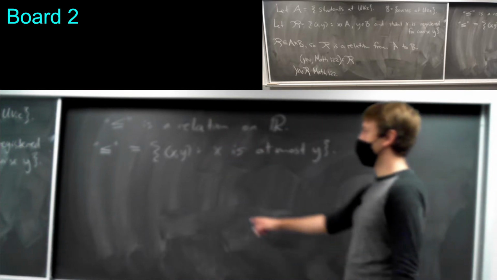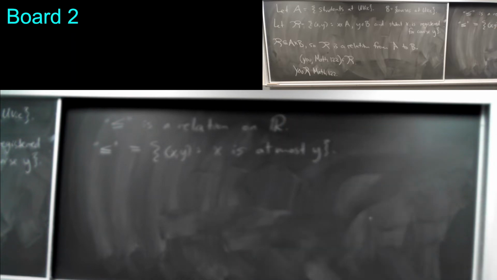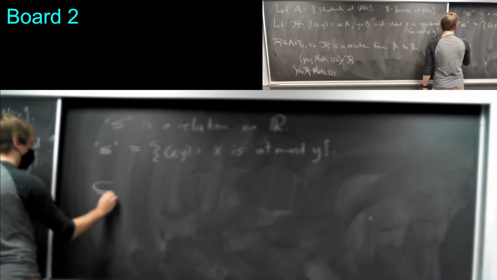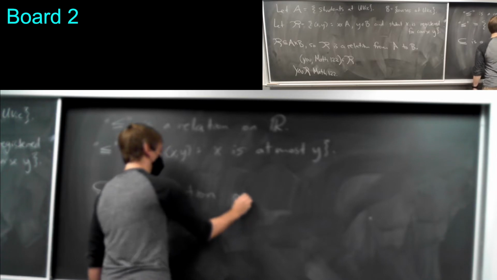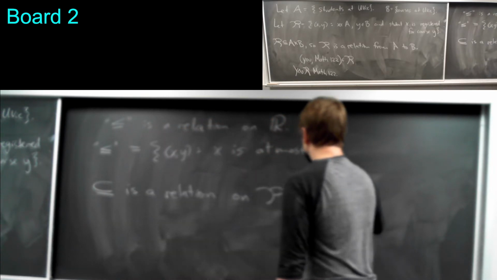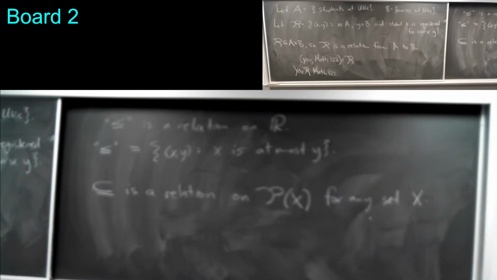These are real numbers where x is at most y. The subset relation, subset is a relation on, let's say, the power set of X for any set X, right? It relates sets. One is a subset of the other.